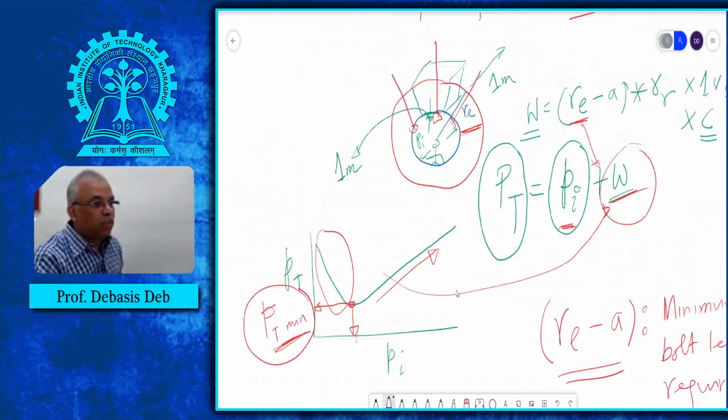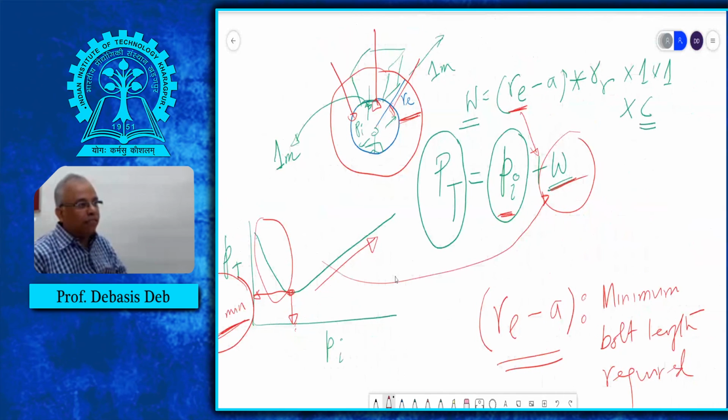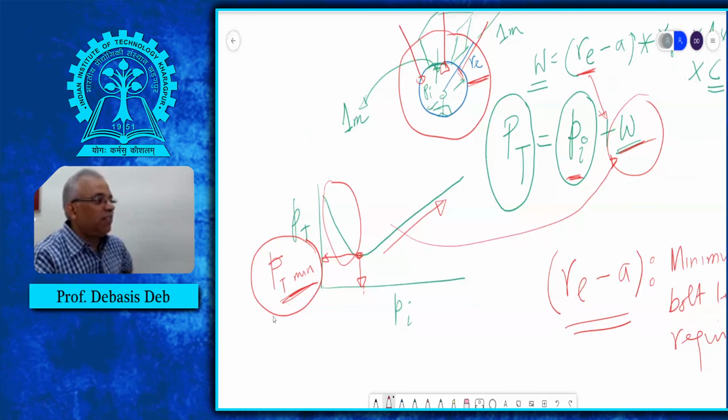Okay. So what is the rock bolt length? I'm sure Professor Verma is going to tell you a little bit about bolts. So this is the minimum bolt length required to support this, which is Re minus a, and the minimum support pressure required, which is PT min.